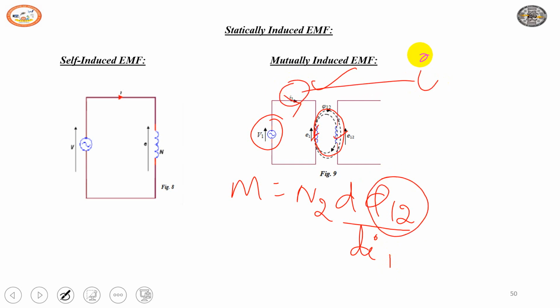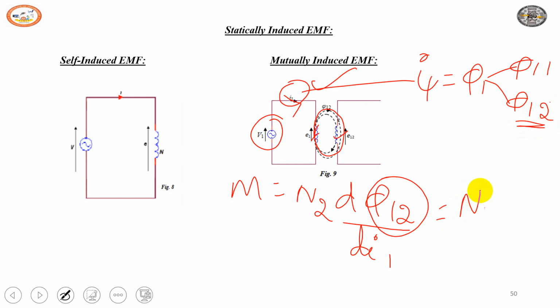Let me write here: I1 produces flux phi 1. This phi 1 will not only link its own coil, the first coil, that is phi 11, it also links with the second coil. This is how the suffix is given: phi 12. This can further be written, if I give the supply to the other circuit, as M is equal to N1 into d phi 21 divided by d i2.